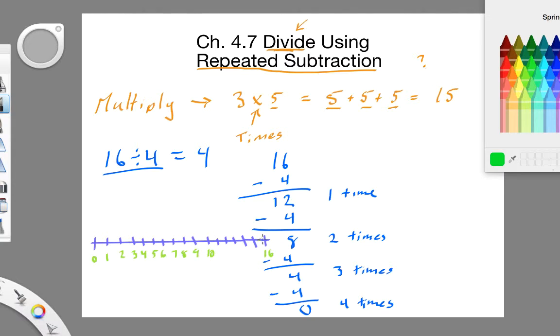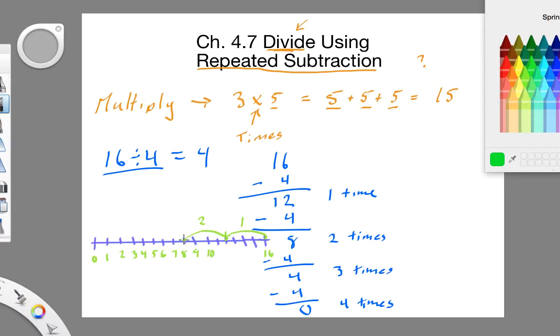If we're dividing by 4, that means starting at 16, we go 1, 2, 3, back here. We're going to jump back 4, and that's like once. We're going to jump 1, 2, 3, back another 4, like that, and that would be a second time.